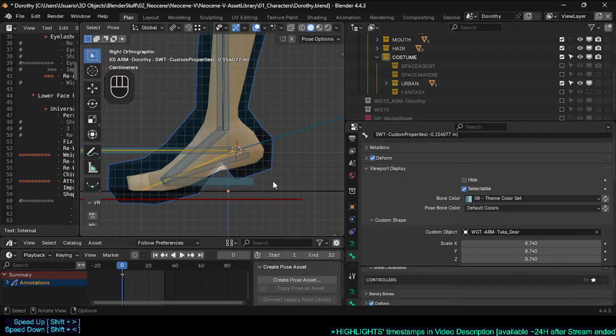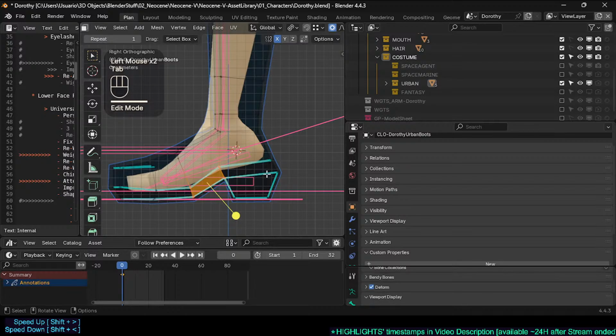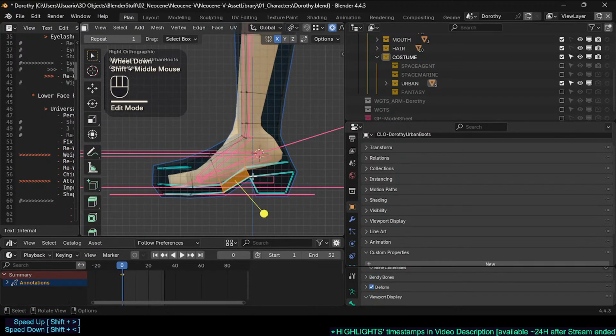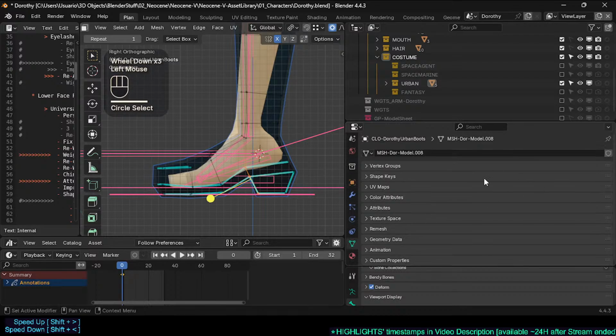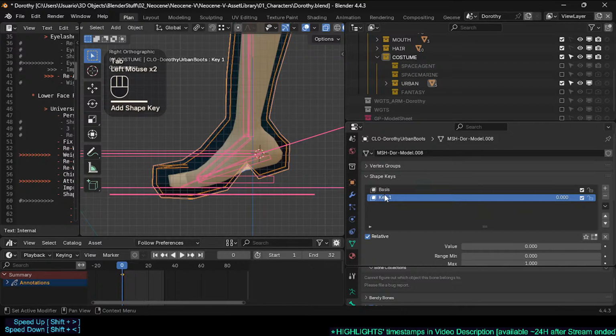So you go to object mode, edit mode, and here I need to adjust this in a corrective shape key. So I'm gonna create bases and the corrective high heel boots, right? Get this, maybe get this.